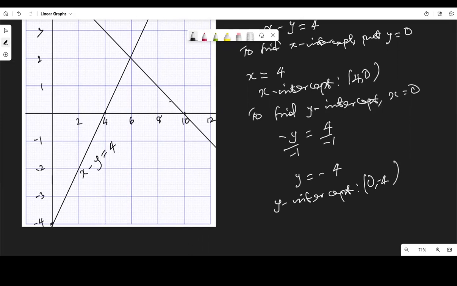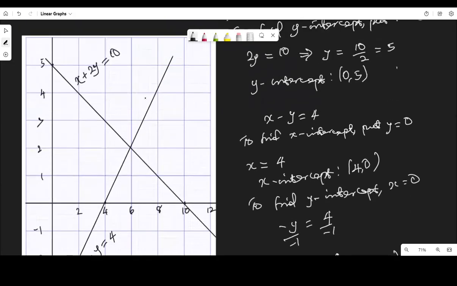With these two graphs plotted on the graph sheet, where the two lines intersect is the solution of this simultaneous equation. So this point of intersection here, which I trace down to the x-axis, is about 5.8 or so, or 5.9.